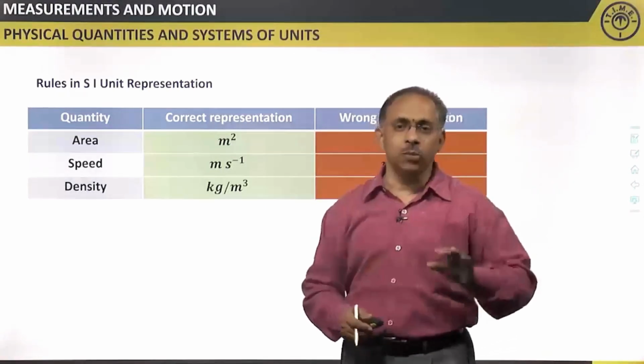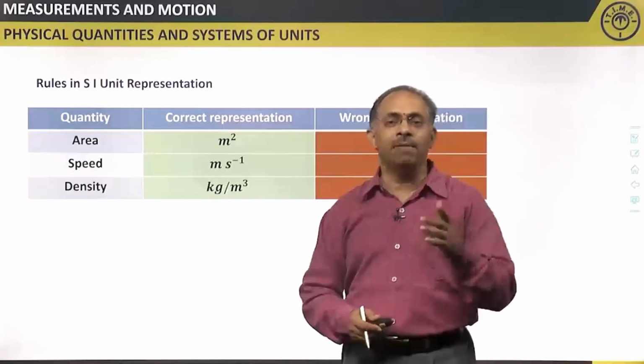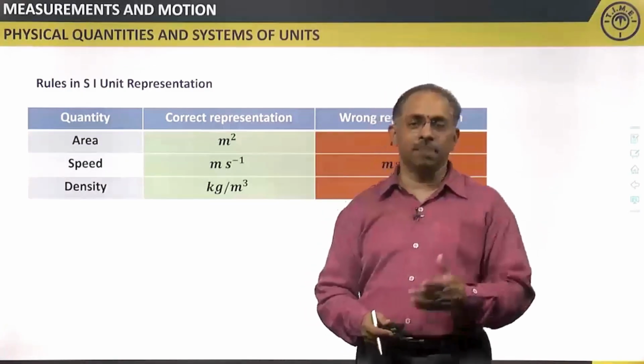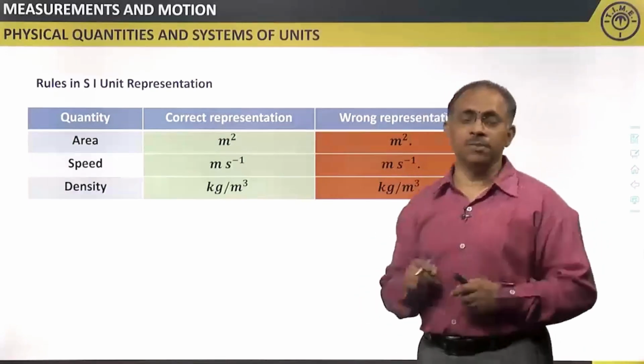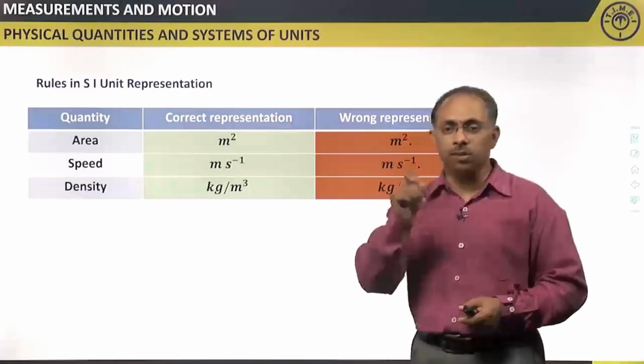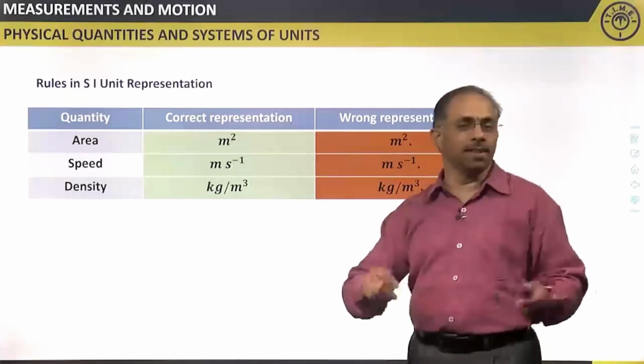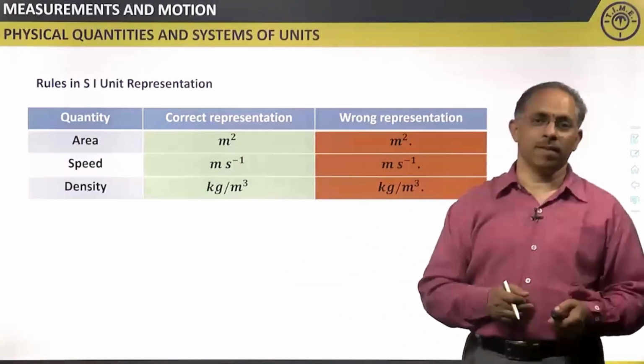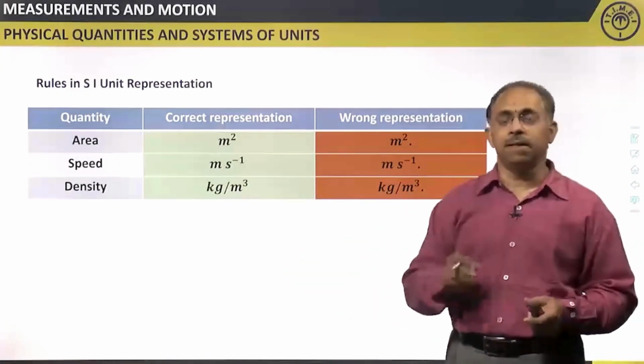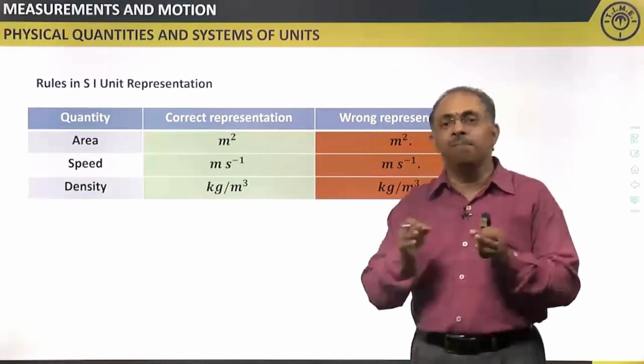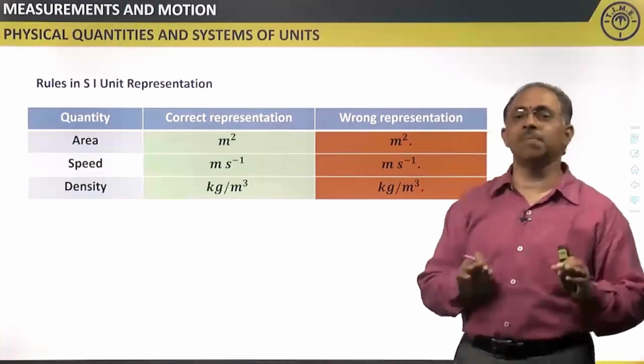My sentence ends there. If I write 3 meters per second and then put a full stop, because it is at the end of a sentence, there should not be a problem. But if it is coming in the middle of a sentence, then it is a problem.